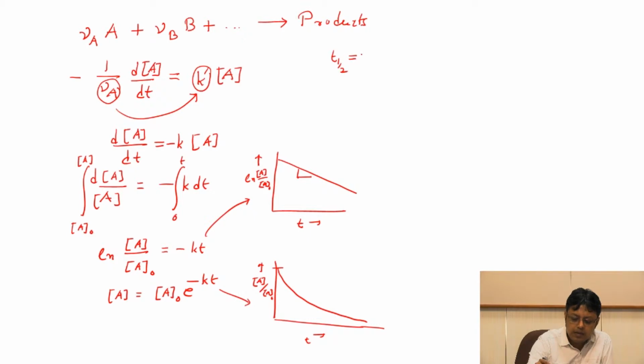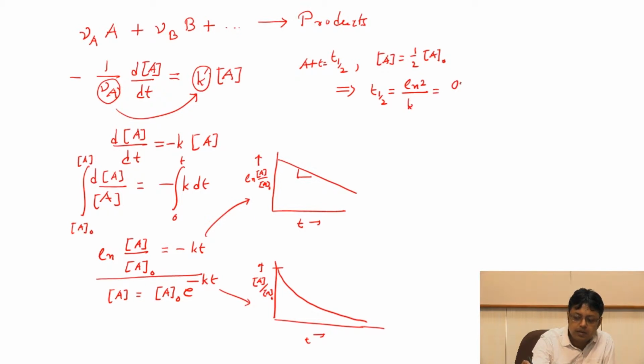To get the half-life you just use this equation and put the condition t equal to t half, where the concentration drops to half of its initial concentration. You already know that this t half will be nothing but ln2 by K, where ln2 is 0.693.